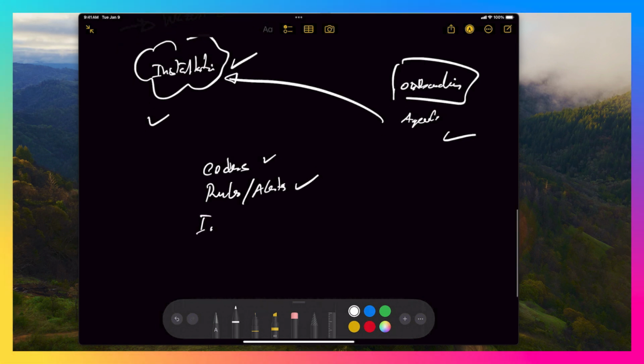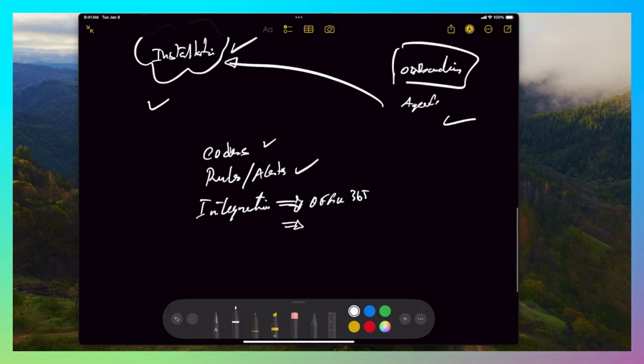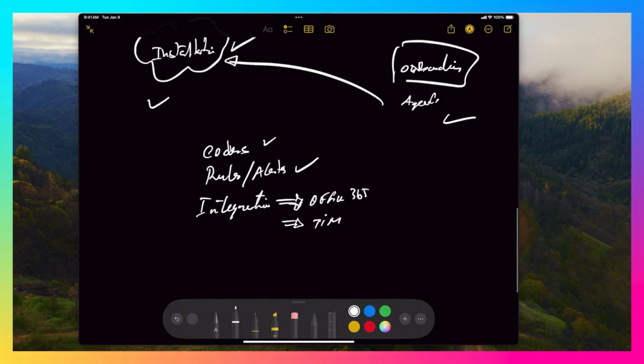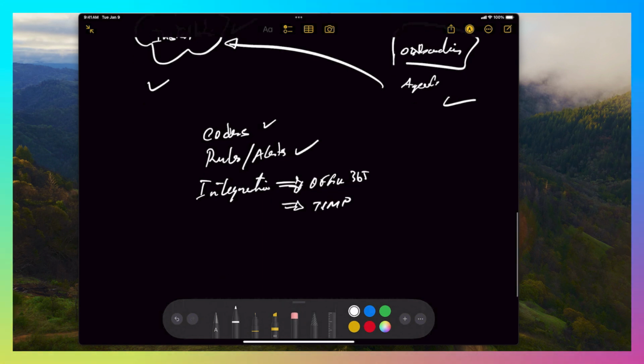We are going to do some integrations. In this case, we will do integrations with Office 365 and with a threat intelligence management platform. We are going to do integration with VirusTotal.